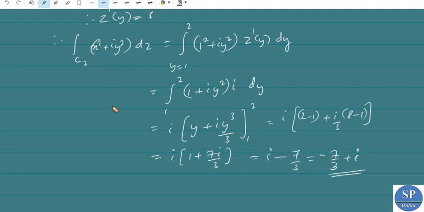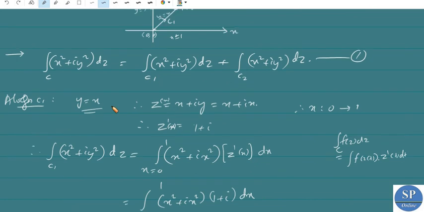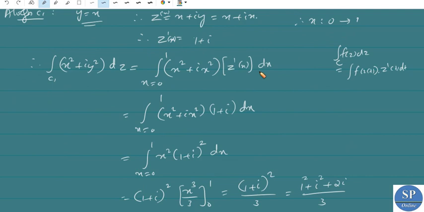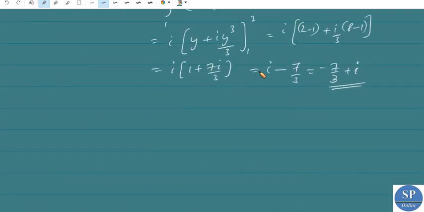Okay, therefore we have this. From equation number 1, the integral over c of x square plus i y square dz is nothing but the sum of the integrals along c1 and along c2. So equation number 1 implies the integral over c of f of z dz, that is x square plus i y square dz, is equal to the integral along c1 plus the integral along c2.